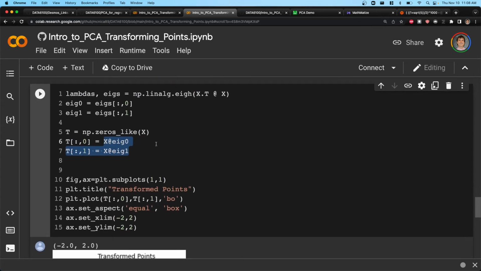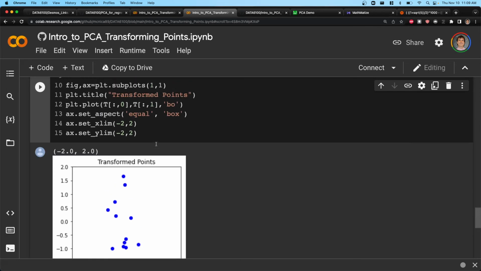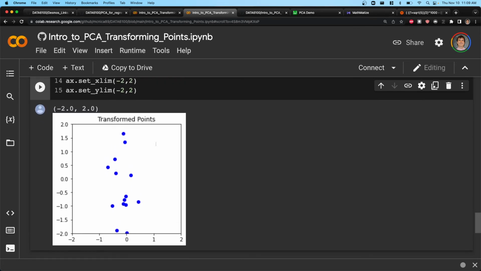X multiplied by the eigenvectors, and then you get the transformed points like this. On the y-axis, I've transformed them according to the largest eigenvector, and on the x-axis, according to the other eigenvector, right? If you did a one-dimensional thing, it would just be the y values here. And to keep the data two-dimensional, you can use the other eigenvector.